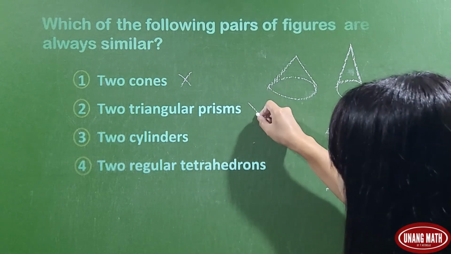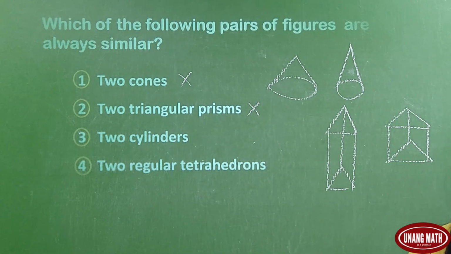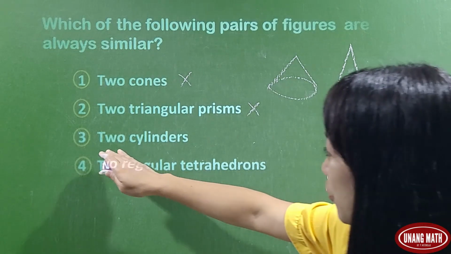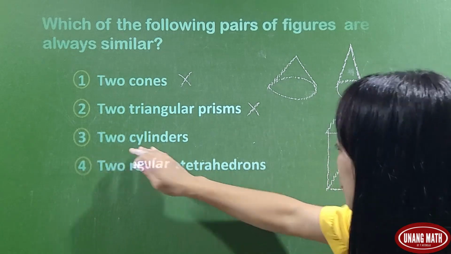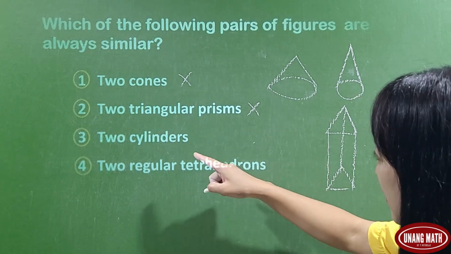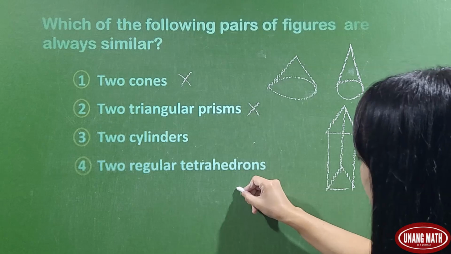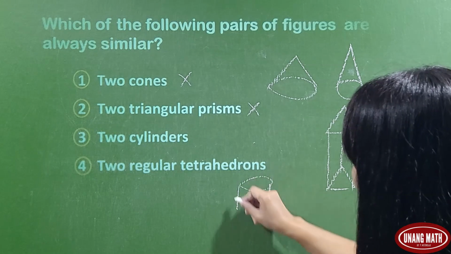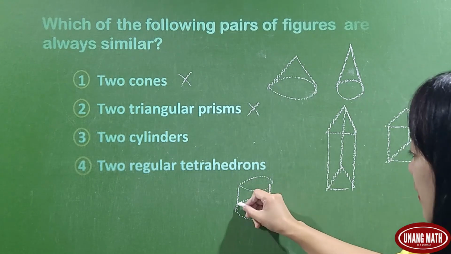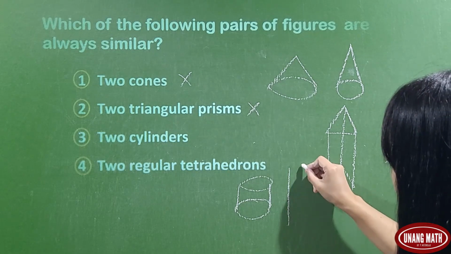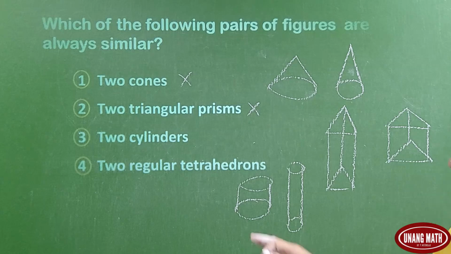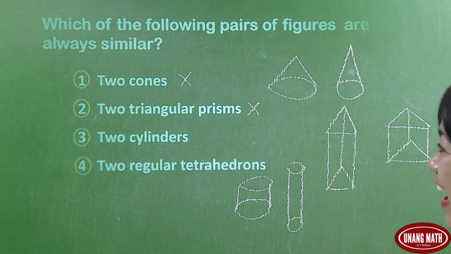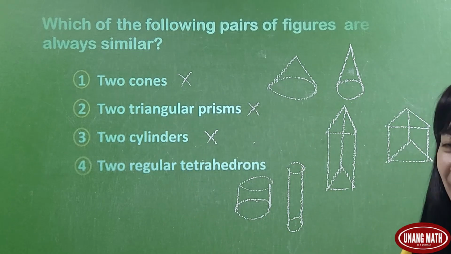So the second option is also not similar. What about two cylinders? If we draw two cylinders, my first cylinder would look like this. This is a cylinder, and this is also a cylinder. These two cylinders are not similar figures, so this is also X.